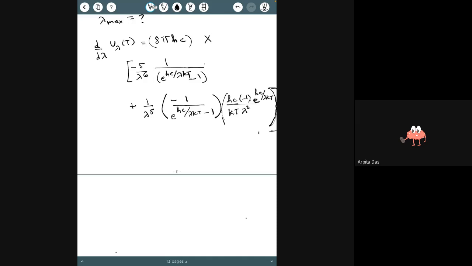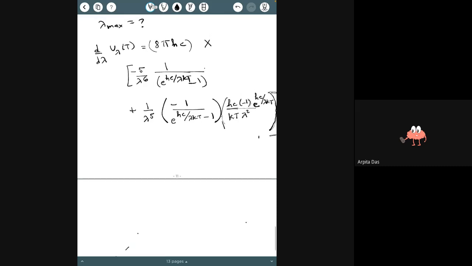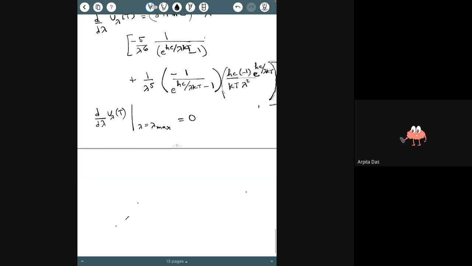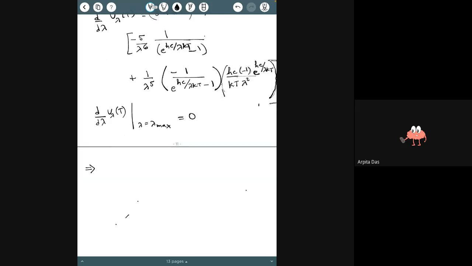Then I'm going to set this to 0. If I set d by d lambda of u lambda t at lambda equal to lambda max equal to 0, this implies that these two factors that I have obtained by differentiation are equal. So that is 5 by lambda to the power 6, into e to the power hc by lambda kt minus 1.